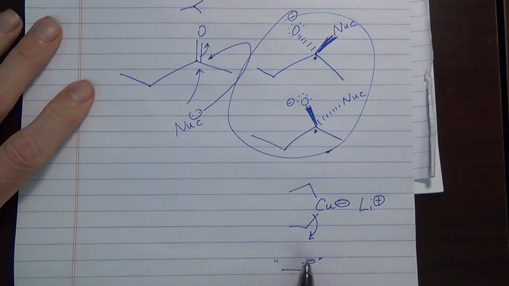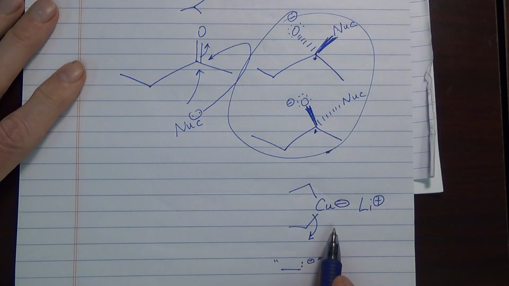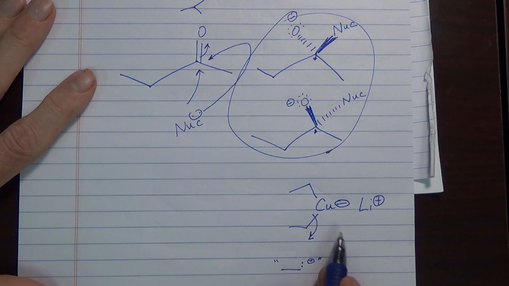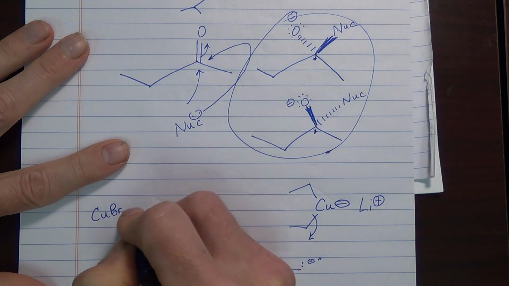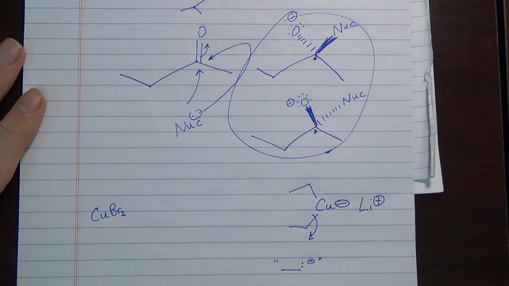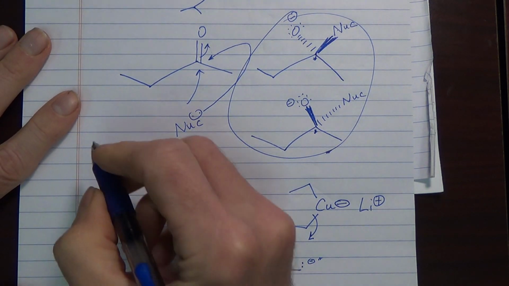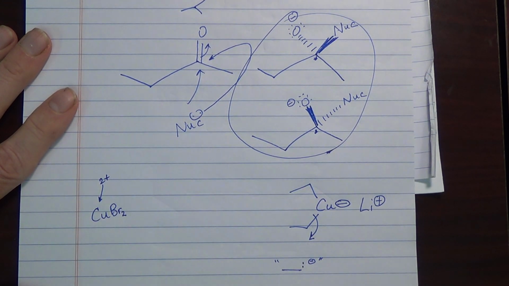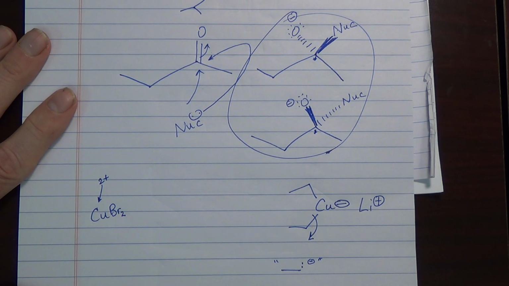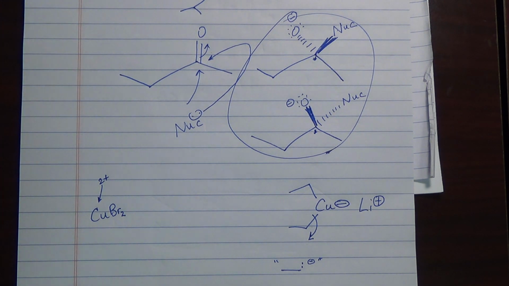Let's see, how do you make organocuprates? They are made from copper bromide. It's copper 2? Is that right, or is it copper 1?